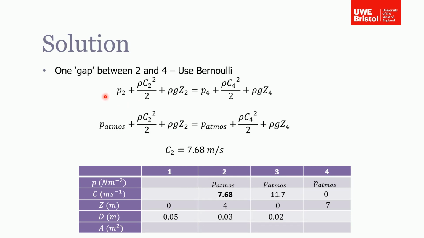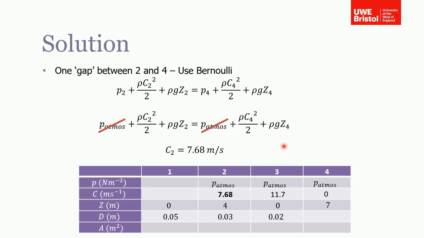In the same way that we used the analysis on the previous slide, we can also work out the velocity in pipe 2. Again, we write out Bernoulli's in its entirety. Remember, we've got this static pressure term plus this dynamic pressure term plus this hydrostatic pressure term is equal to a constant. We can cancel some terms out here because the pressure at 2 and the pressure at 4 is atmospheric, so those cancel.